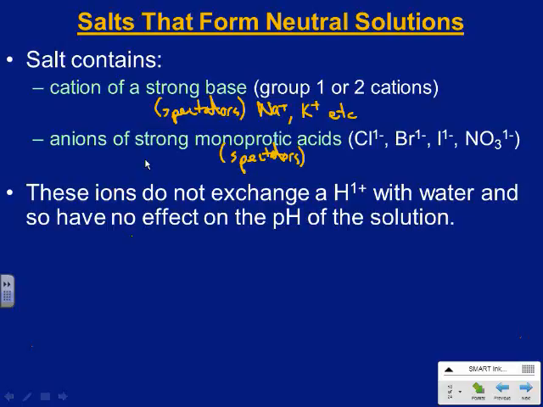And what I mean by that is, what acid or base did they come from? That's what we're really doing here. We're taking the salt, and we're going to break it apart, and we're going to say, where did you guys come from? What acid and what kind of base did you come from? And then we'll make the logical statements needed to answer the question.